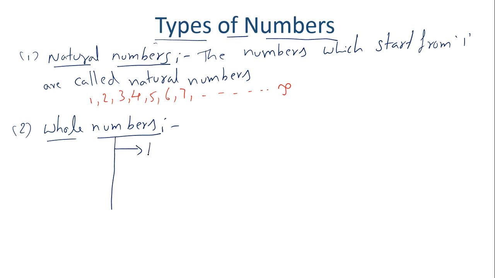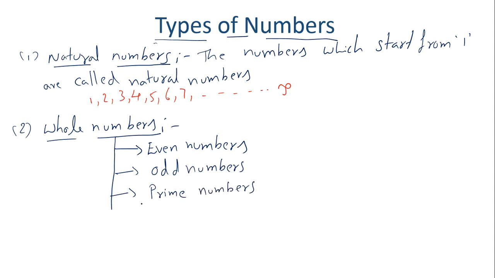The first type is even numbers, the second type is odd numbers, the third type is prime numbers, and the fourth type is composite numbers.